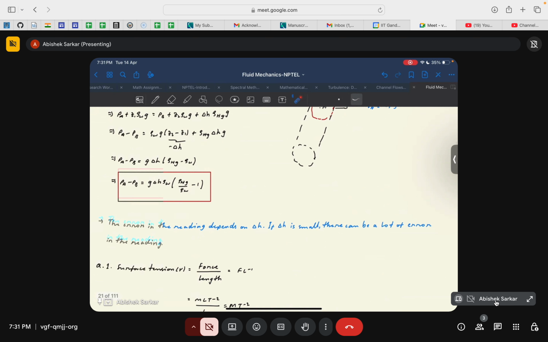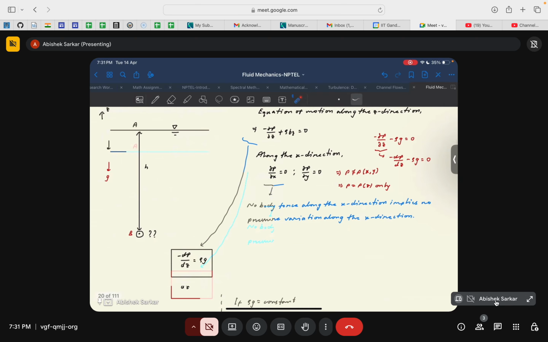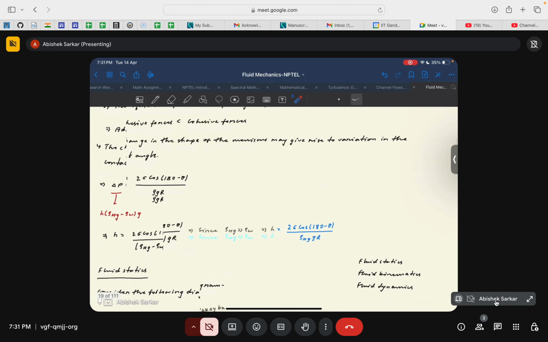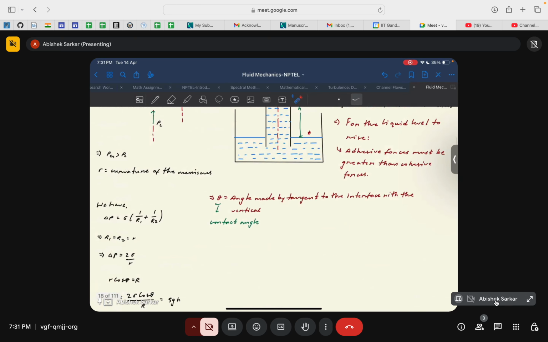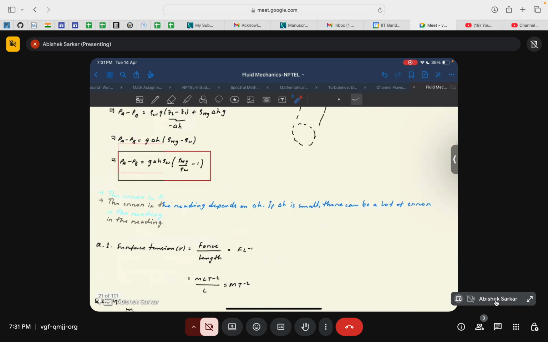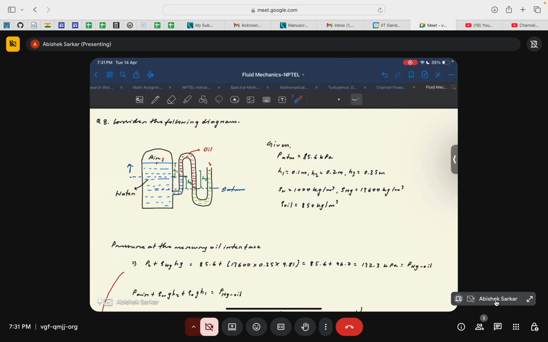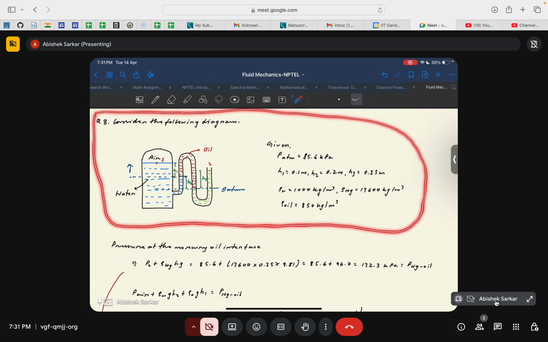Again I took the same example in week 3. In the week 3 lecture, in the problem solving part, maybe you can go through this example for a proper reference.